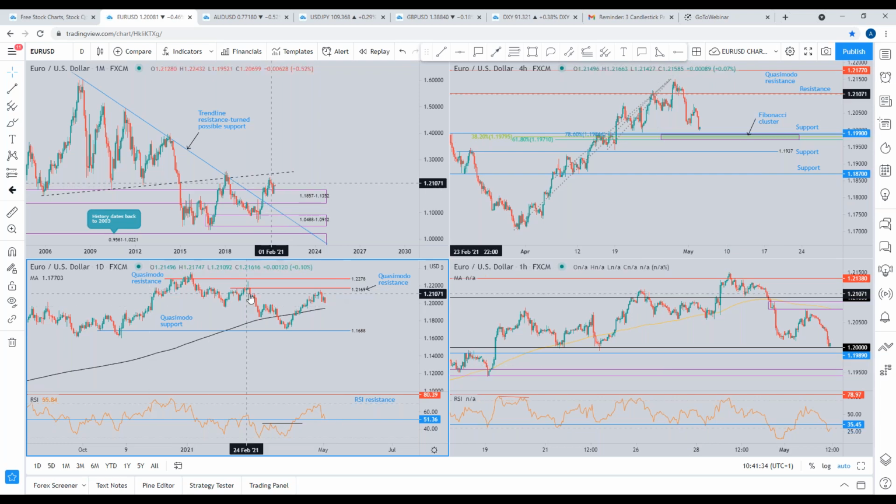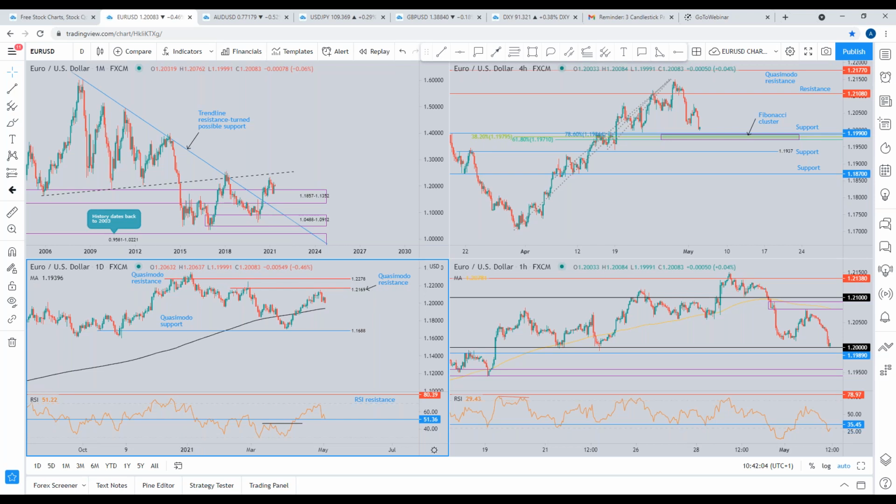But yes, a Quasimodo resistance is simply a left shoulder, a mild downward movement followed by a fake out to higher levels, and then followed by a subsequent move to lower levels. No, I don't, Daniel. It's not head and shoulders. The head and shoulders would require a right shoulder here, wouldn't it? So we'd have a left shoulder, head, and a right shoulder forming here. So the Quasimodo resistance is different in that sense.